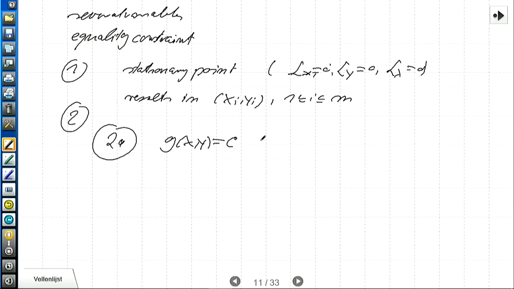So 2a, g(x,y) equals c is a closed curve. And we say so on the exam, so you don't have to see it by yourself. Like we did in this one old exam question you recall in the lecture, where we say, remember, this is a closed curve.